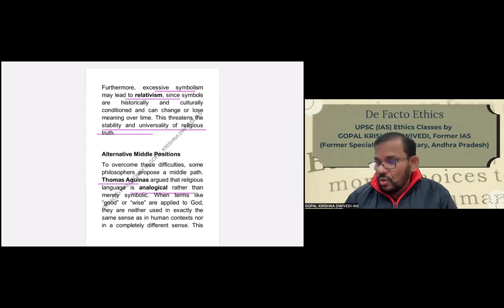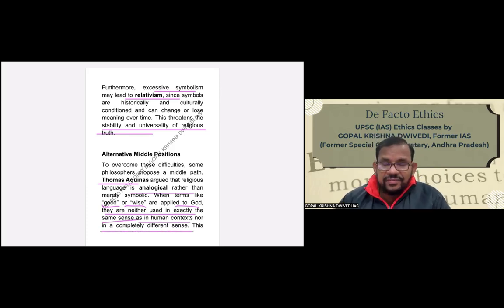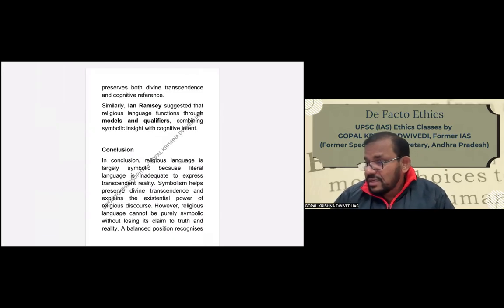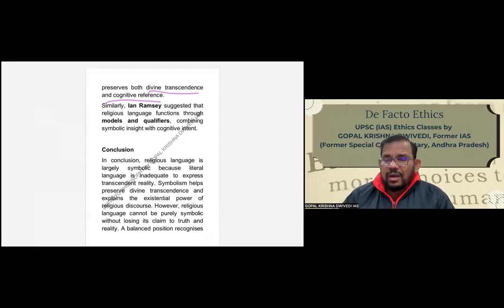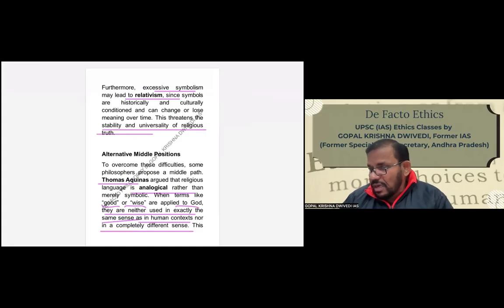When terms like good and wise are applied to God, they are neither used in exactly the same sense as in the human context, nor in a completely different sense. He says this preserves both divine transcendence and cognitive reference. Good, or let us say wise, for God becomes infinitely good or infinitely wise.